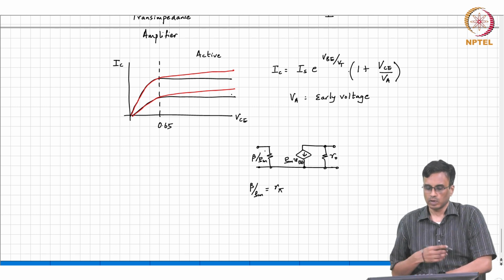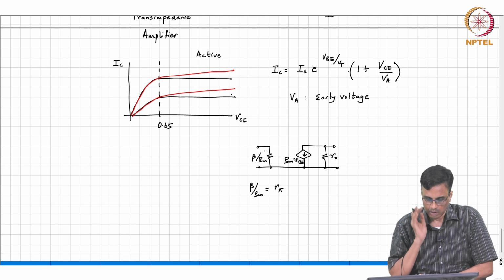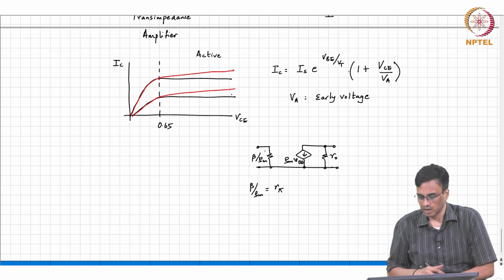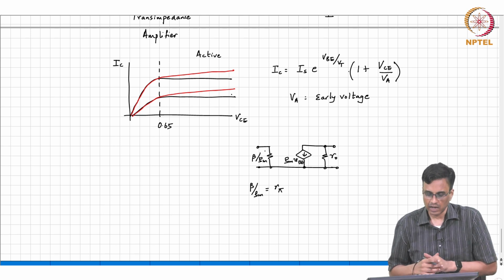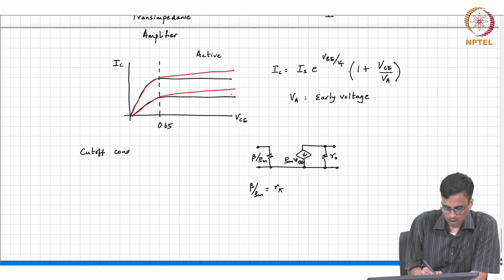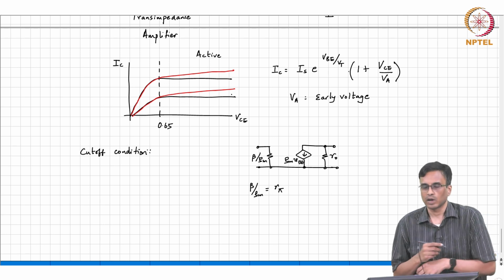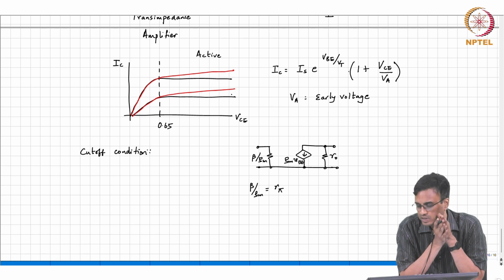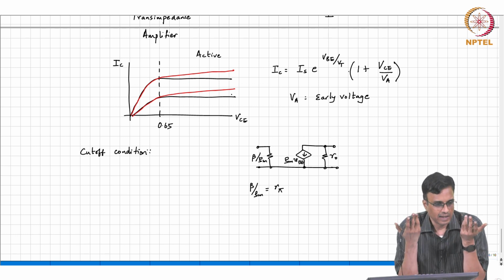So, this is the NMOS transistor, and as far as swings are concerned, what is the cutoff condition for the NMOS transistor? IDS, the drain current, was 0.